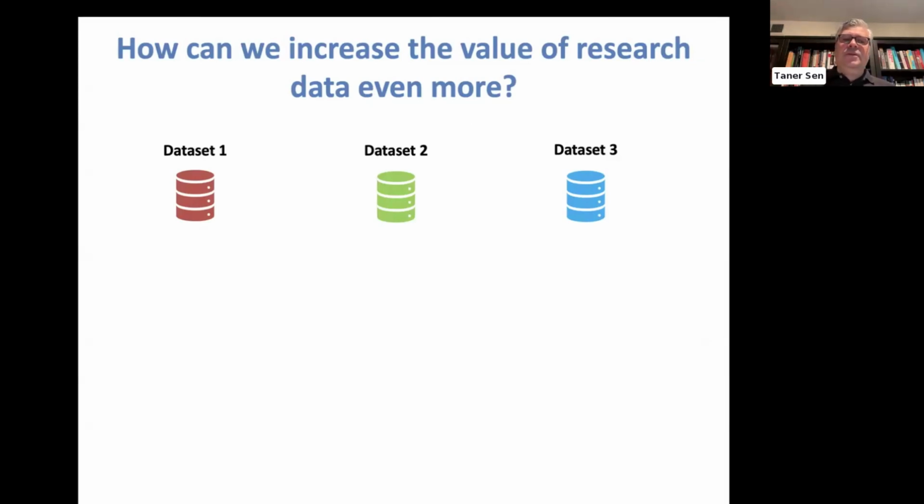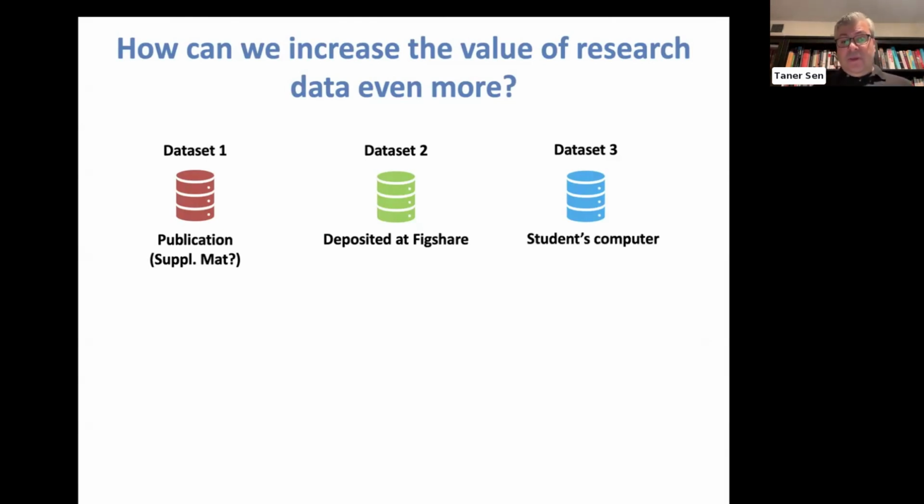So how can we increase the value of research data even more? Let's say that we have 3 data sets here. The first one is publications, and there's maybe some data in the supplementary material. Data set 2 is the data deposited at Figshare. These are good things, that we are making data available in some shape or form.